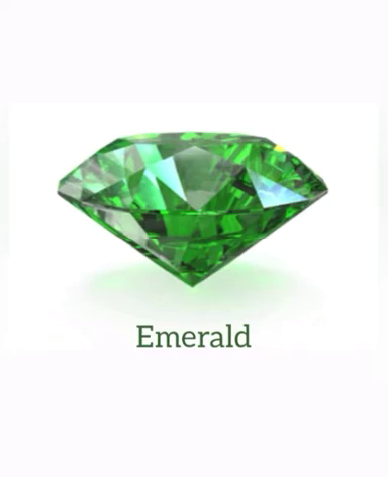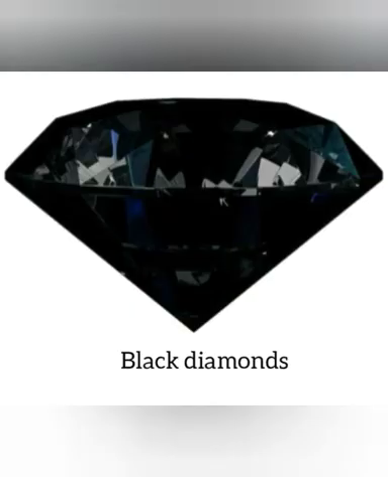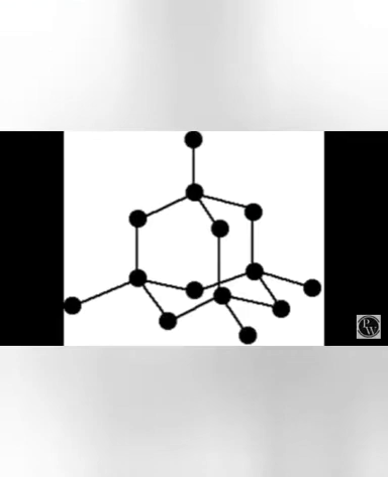Why? Due to the presence of an impurity, chromium oxide. Next, black diamonds contain copper oxide as an impurity. They are extremely hard and are used for cutting other diamonds.